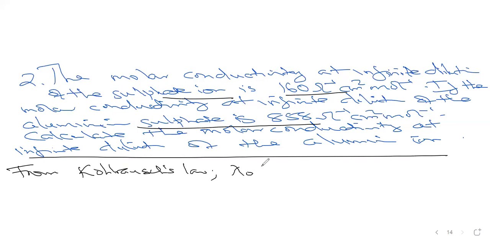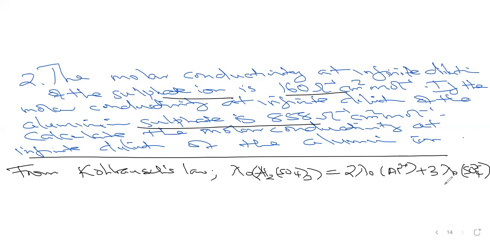The correct formula should be written; if you have a wrong formula, you don't get a correct answer. The molar conductivity at infinite dilution of aluminum sulfate will equal twice the molar conductivity at infinite dilution of the aluminum ion, why twice? Because of the two aluminum ions here, plus thrice the molar conductivity at infinite dilution of the sulfate ion.